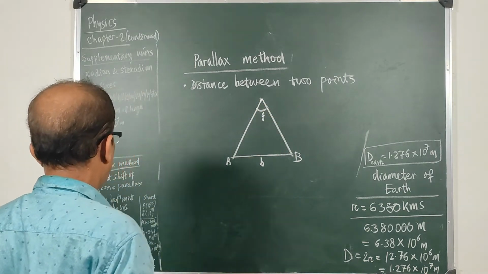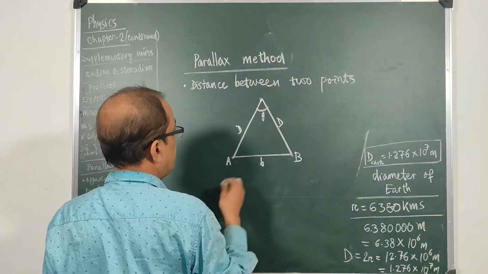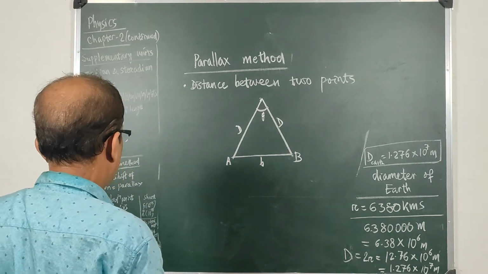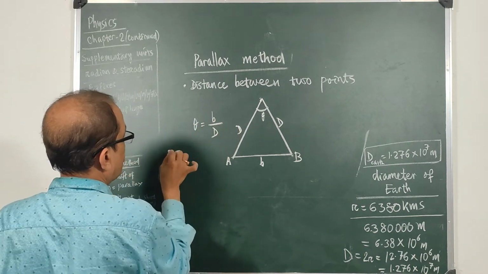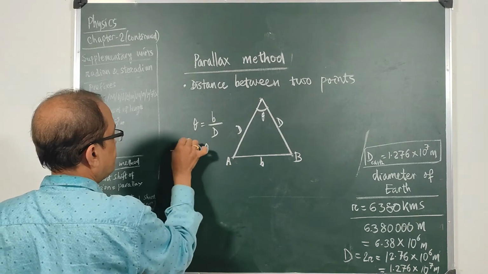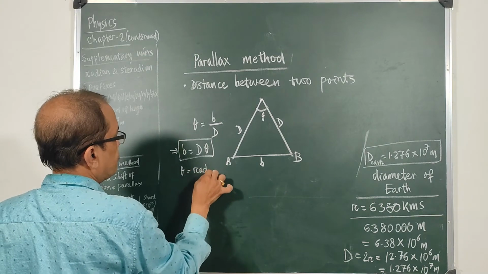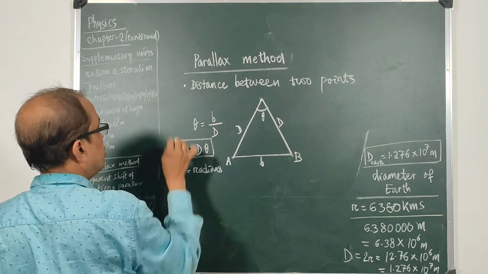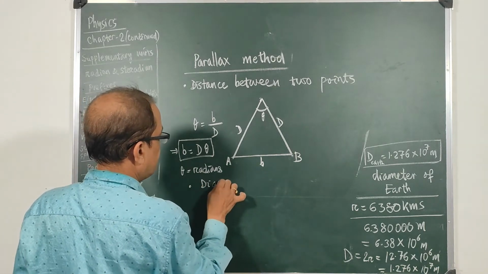If I know that this distance is D, then I use the formula theta is equal to b upon D, from which b is equal to D theta, and here theta is taken in radians. This is one use. The second is the diameter of a star.